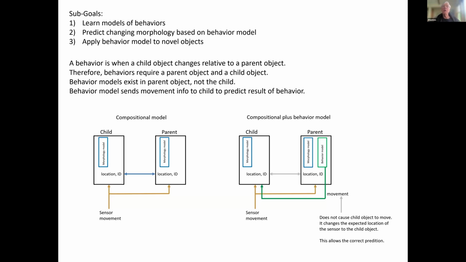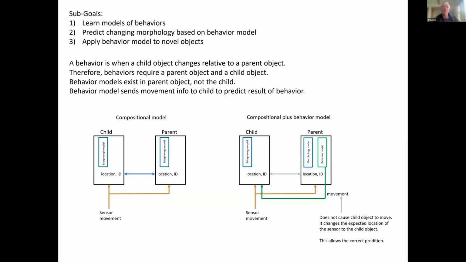They don't really know where they are in the world. The learning model doesn't really know where the child object is. It's just saying I have a relationship between the sensor and the object, and I'm going to change that position. So this is the basic idea about how a behavioral model could lead to predictions in a child as a child object is moving.